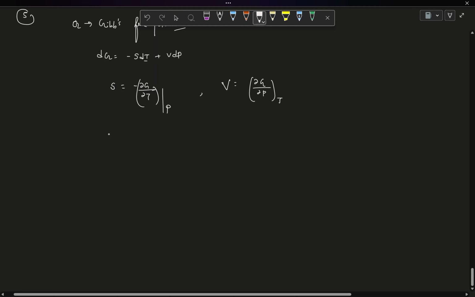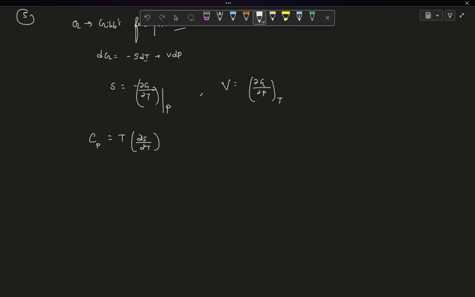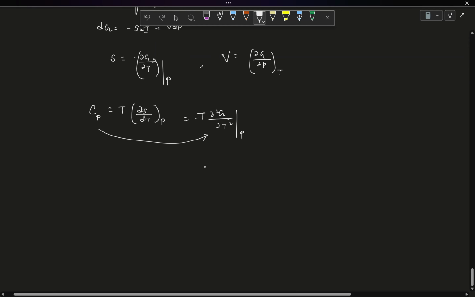So if this is entropy, then what is your specific heat? Specific heat is basically Cp, as per the question, it is specific heat at constant pressure. So Cp is simply T dS/dT, or T del S del T at constant P. You substitute S here, and this is minus T del 2G del T2 at constant P. So this is the specific heat, which is the second order derivative of Gibbs free energy.